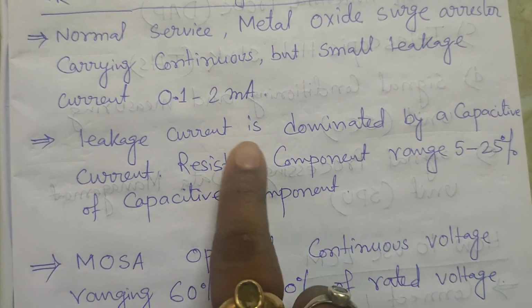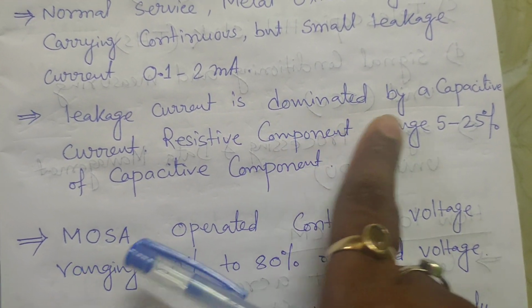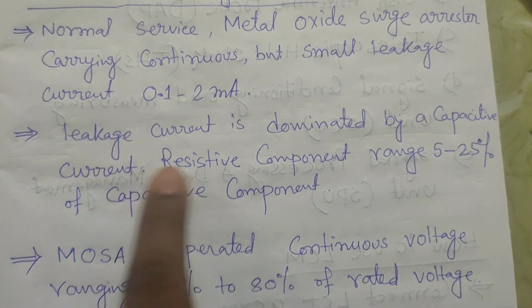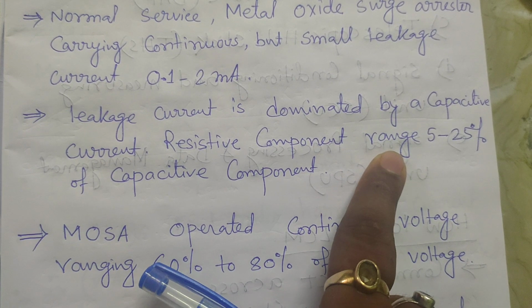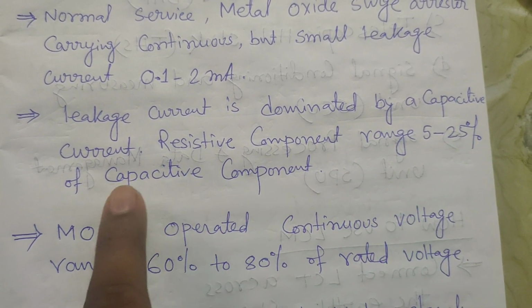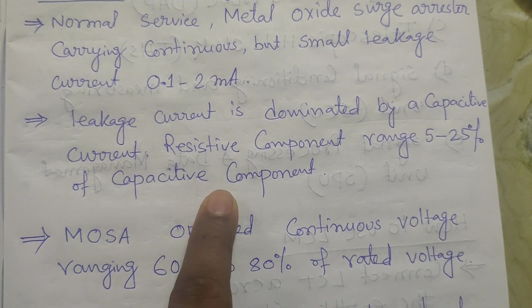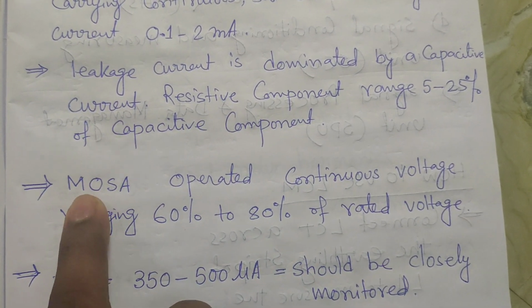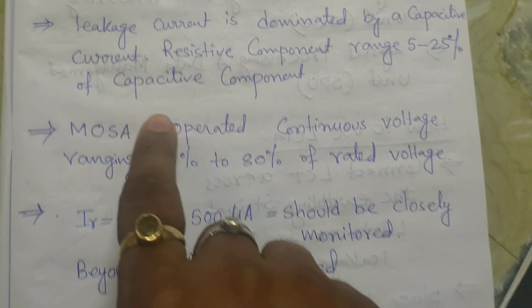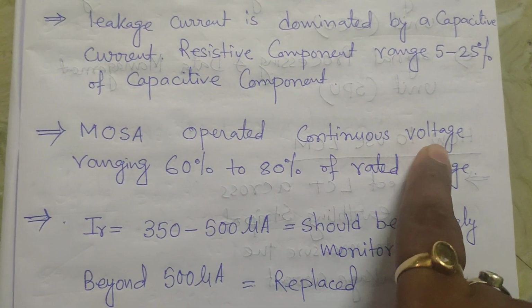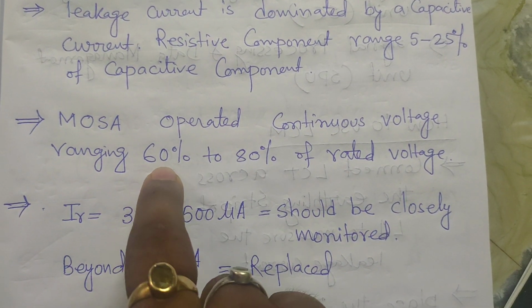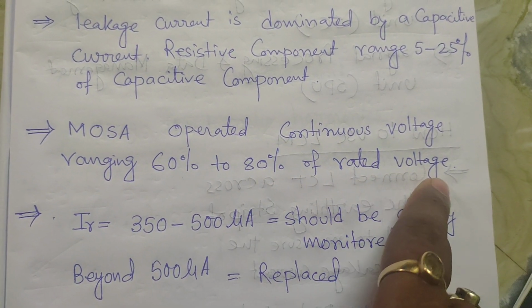Leakage current is dominated by the capacitive current. The resistive component ranges from 5 to 25% of the capacitive component. A metal oxide surge arrestor operates at a continuous voltage ranging from 60% to 80% of the rated voltage.